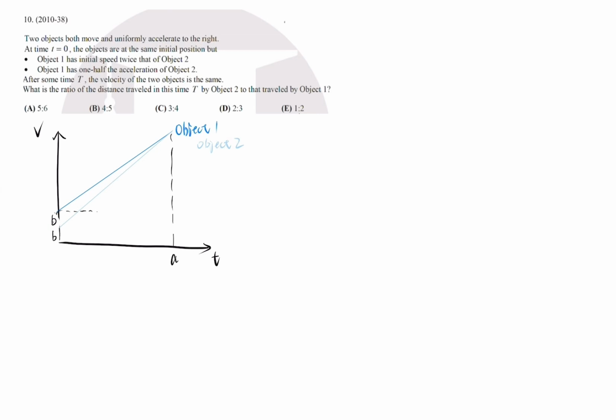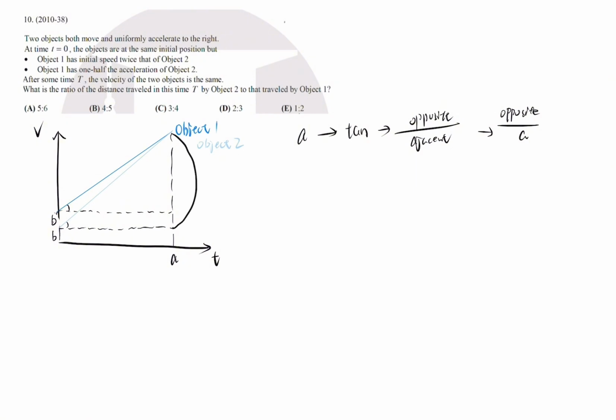Now let's draw a horizontal line here. Since the acceleration is equal to the tangent value of that angle, and tangent is opposite over adjacent, and both angles have the same base, which is A, it's going to be opposite over A. Since the acceleration of object 1 is half that of object 2, this will be twice the distance as in here.